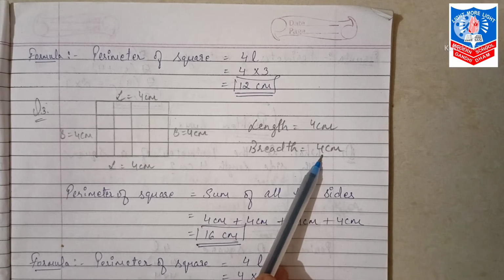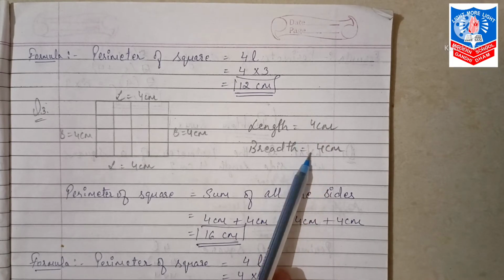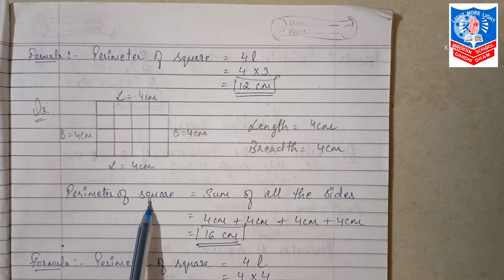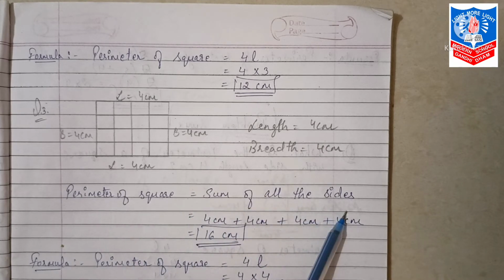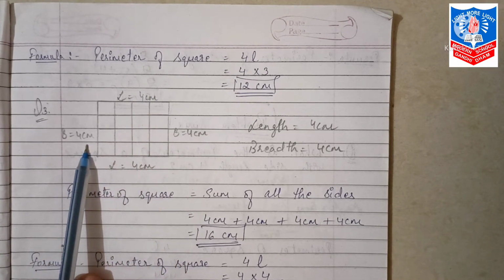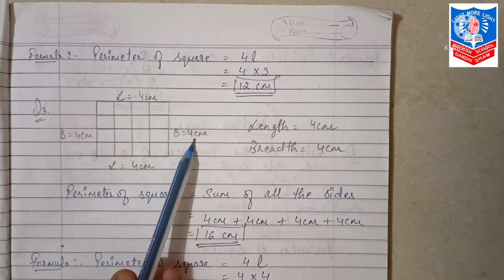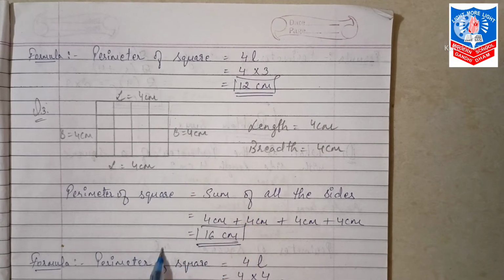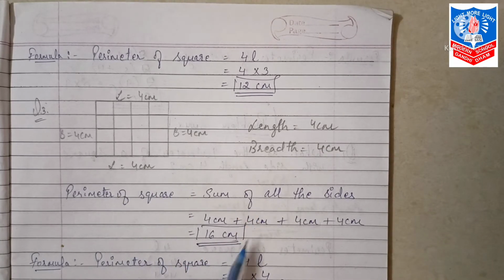Okay. Length और breadth आपका equal हो गया. Perimeter of square equal to sum of all the sides. Now we are going to total up 4 centimeter plus 4 centimeter plus 4 centimeter plus 4 centimeter equal to 16 centimeter. When you total up all these, you will get 16 centimeter as your answer.